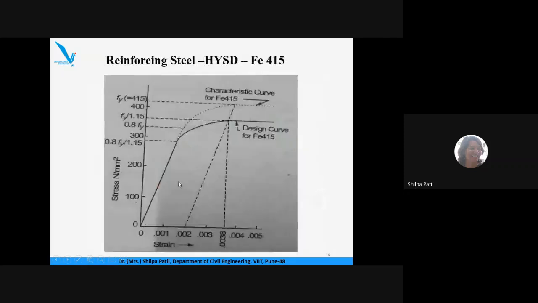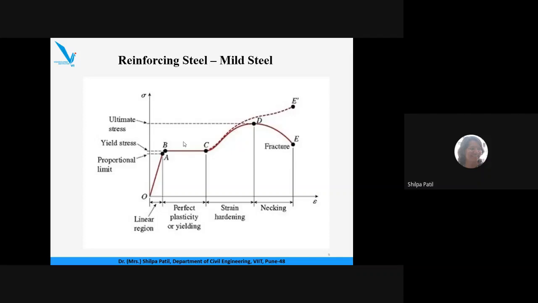For HYSD bar, normally we get a curve like this. Though this looks linear, it is actually not linear. It is constantly non-linear, as we cannot define a yield point clearly like mild steel.